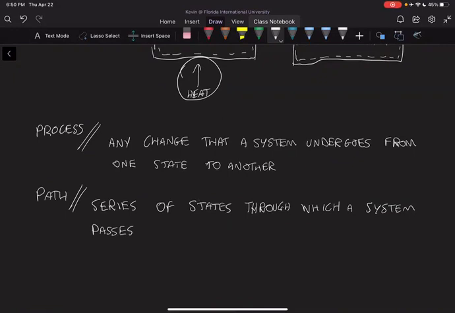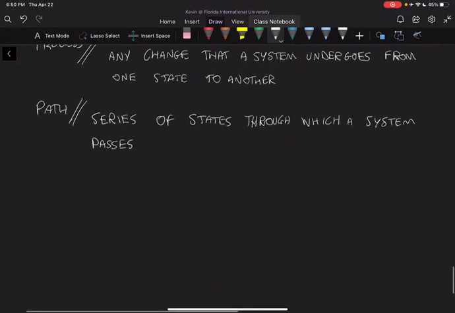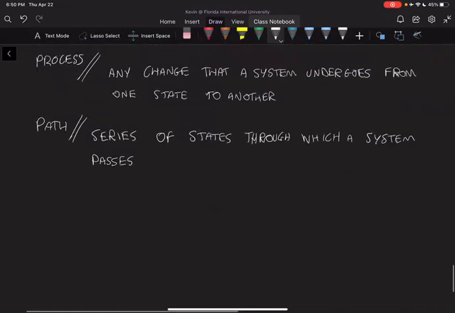Okay, so what does that mean? Let's say we have a process that is occurring. Let's take a piston cylinder assembly and look at what could happen.